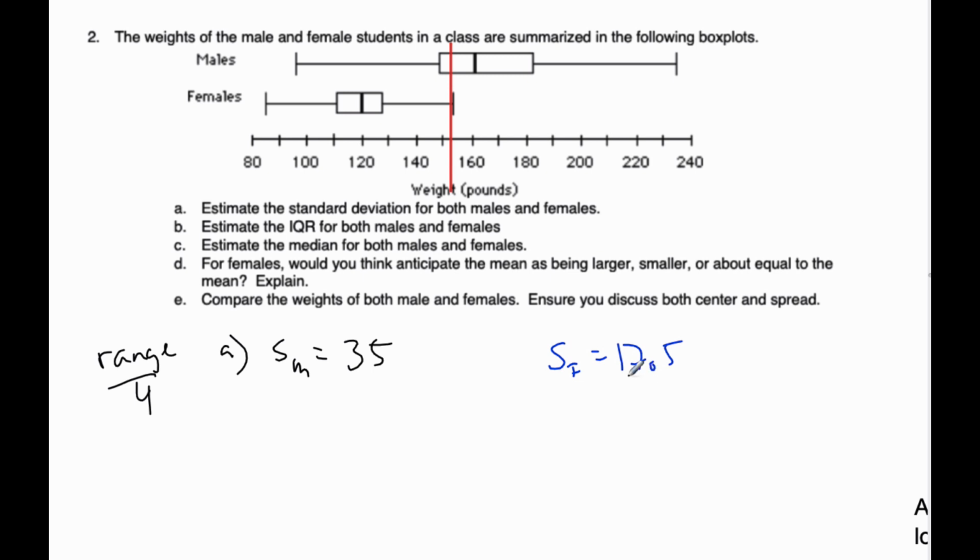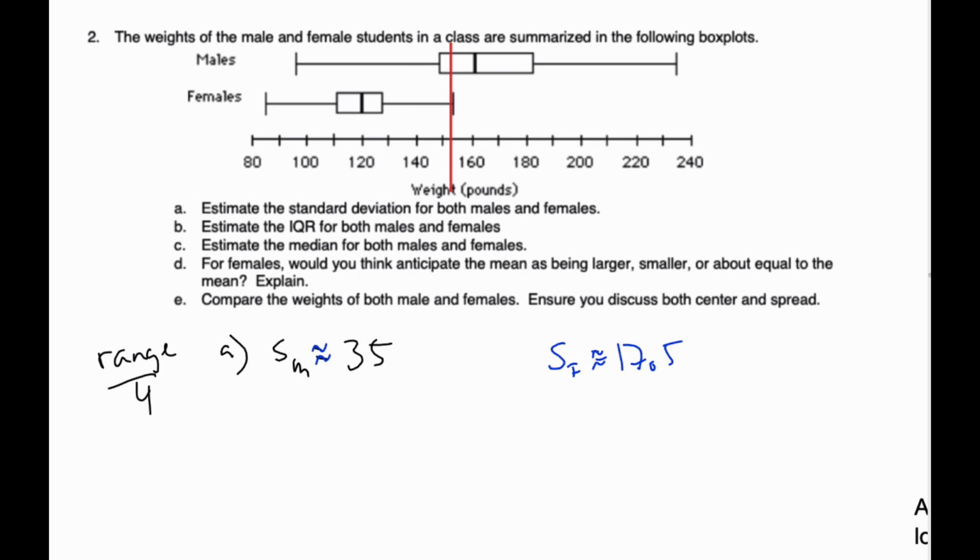So right off the bat, from my approximate estimates, I can see that the males have a lot more variation than the females. The females' weights are more consistent.